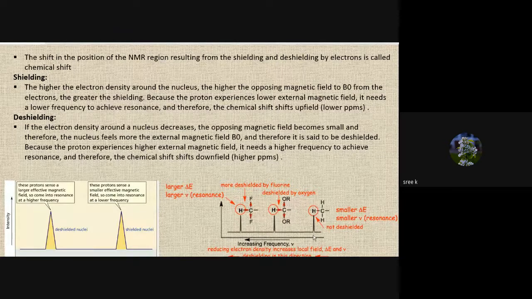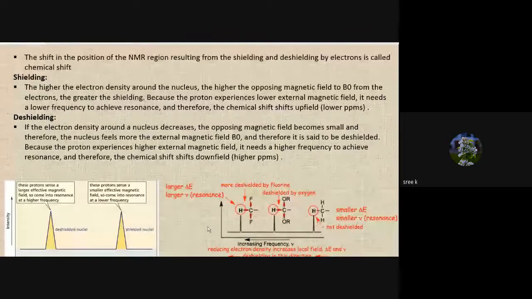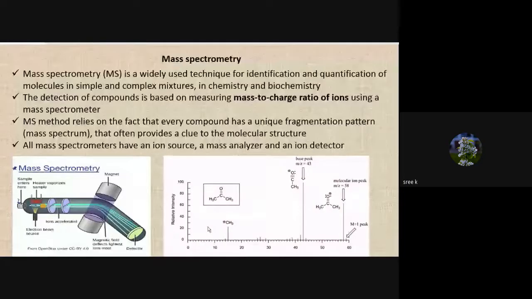The NMR spectrum represents the shielding and de-shielding, and you can compare it with the reference sample and get the nature of the spectral change. So this is all about NMR spectroscopy.